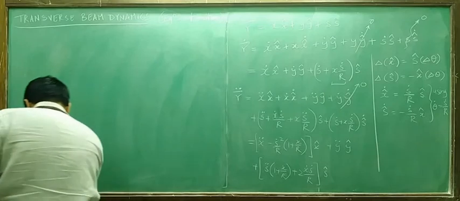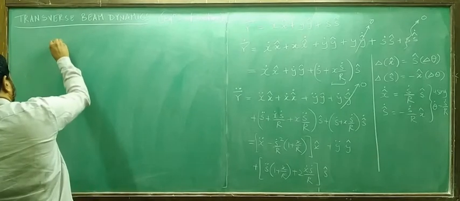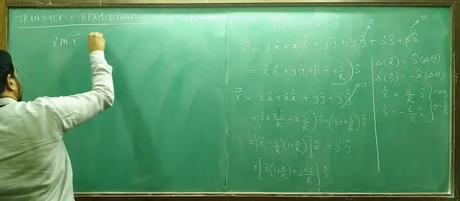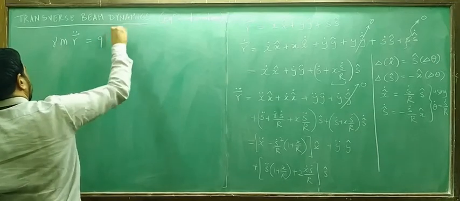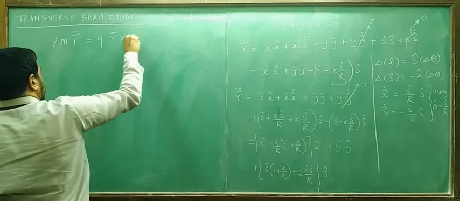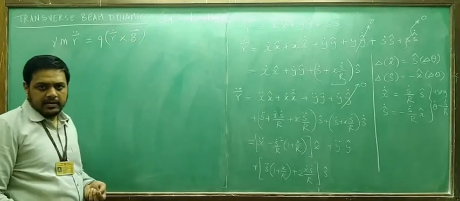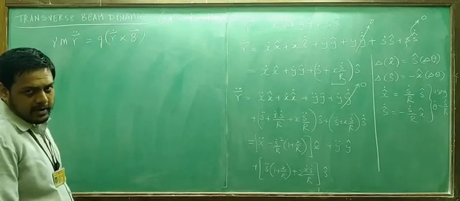Basically, what we are trying to say is the Lorentz force equation, which says that gamma m r bar double dot is q times r bar dot cross product with B bar. We want to substitute r bar double dot and r bar dot over here.